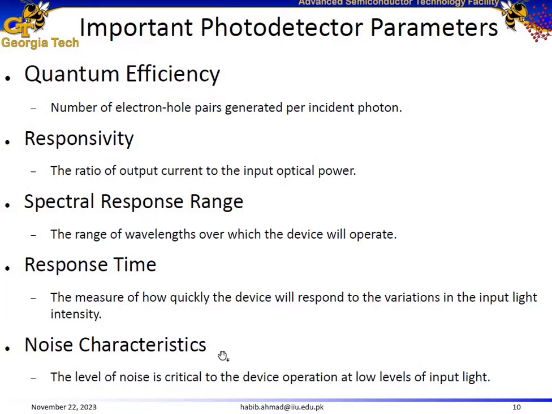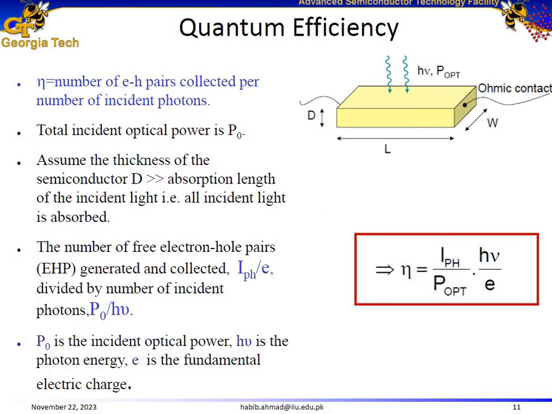So noise characteristics are crucial to photodetectors, and we will cover these figures of merit one by one in this lecture. Let us talk about the first figure of merit, which is quantum efficiency.